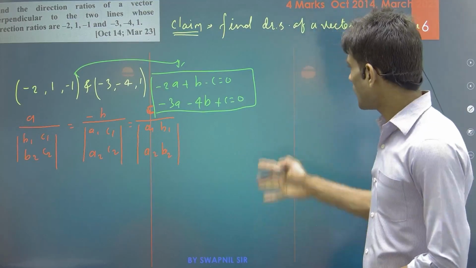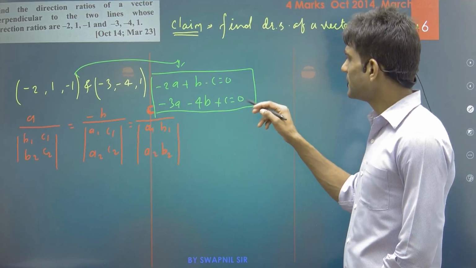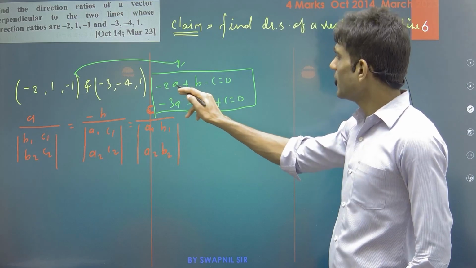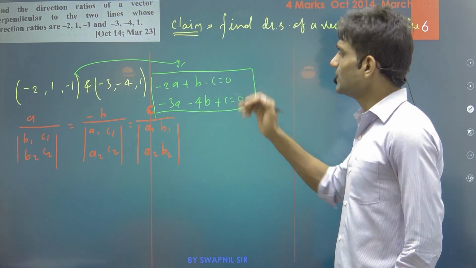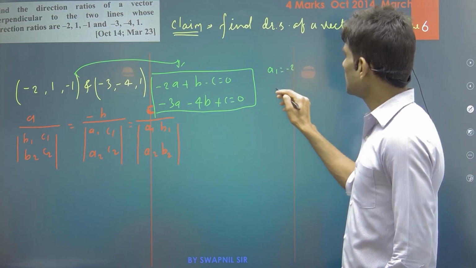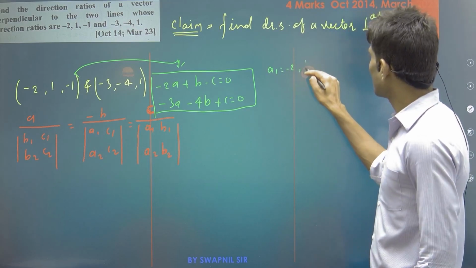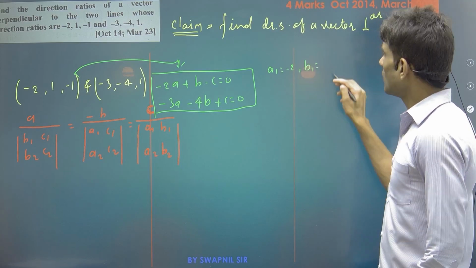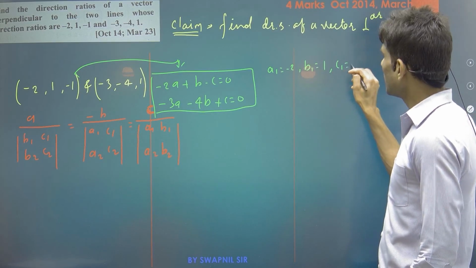Now compare the values and find the values of a, b, c. We can see a1 a plus b1 b plus c1 c equals 0. So a1 is minus 2, b1 is 1, and c1 is minus 1.